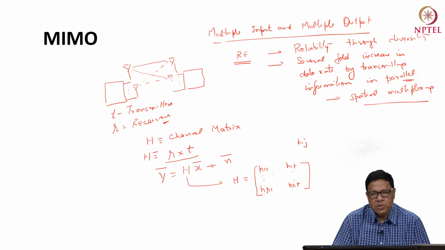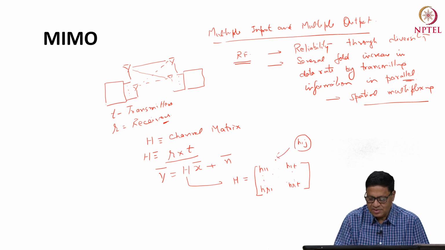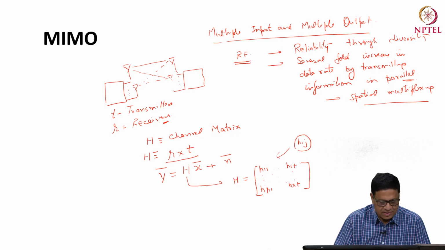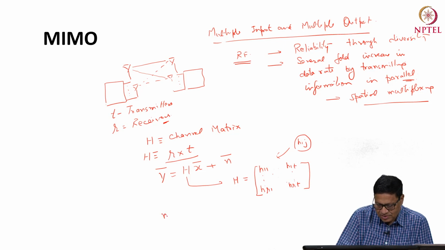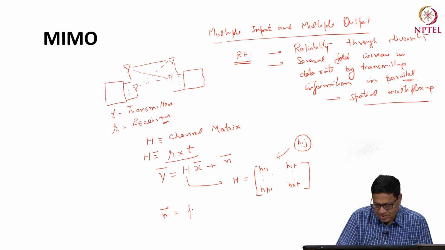I stands for the receiver and J stands for transmitter. So the channel coefficient between jth transmitter and ith receiver. This is what Hij means. And these are the coefficients of the channel matrix. Similarly, the noise, there are R receivers. So it will be a vector, N1, N2, so on and so forth, NR.